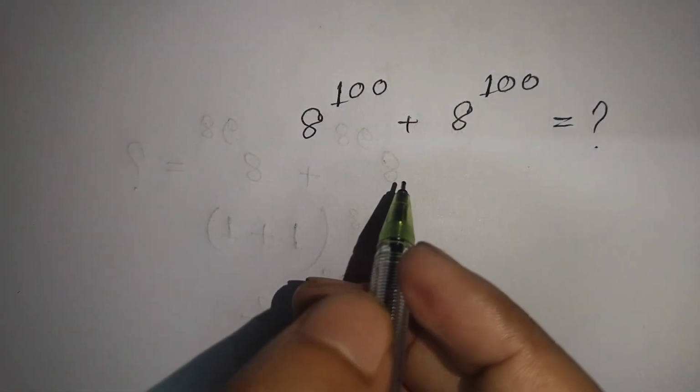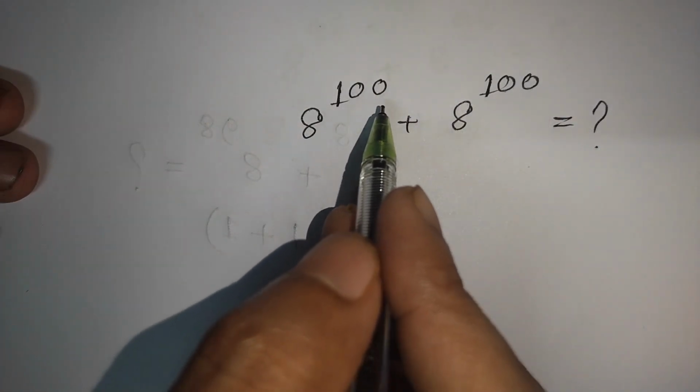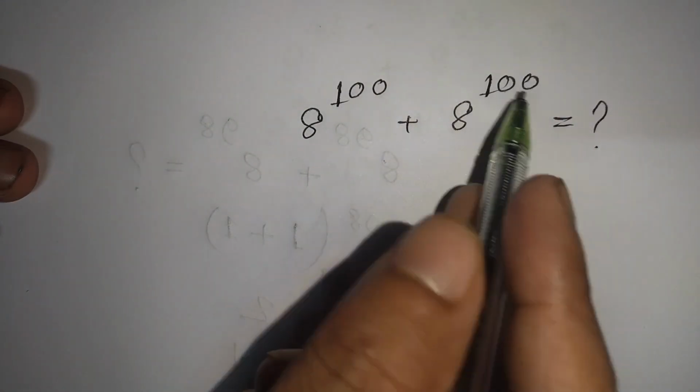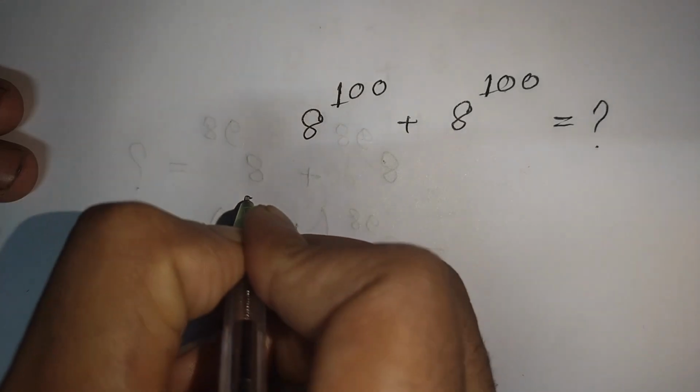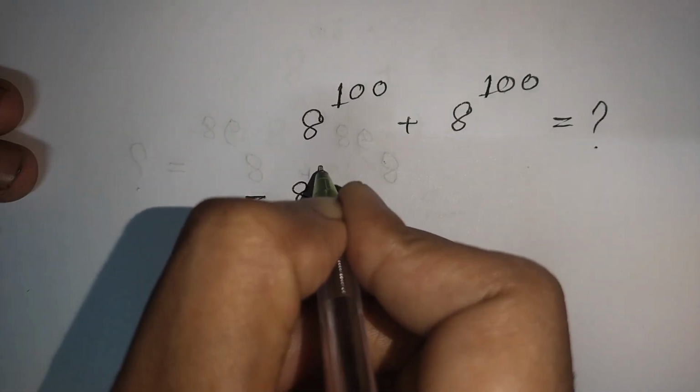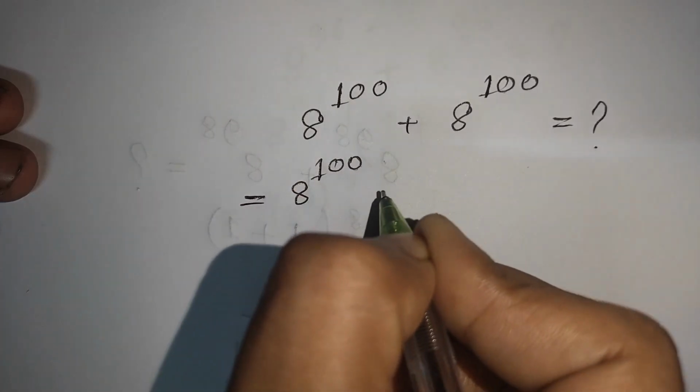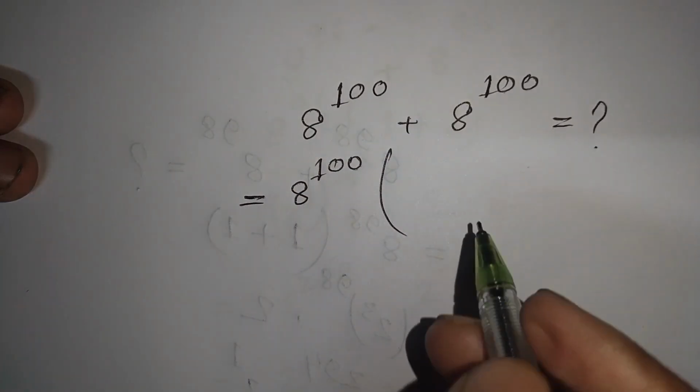How to solve 8 power 100 plus 8 power 100 is equal to what? At first we take 8 power 100 common. First the bracket starts.